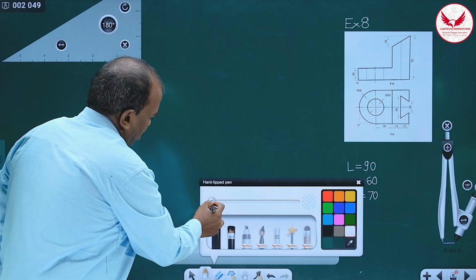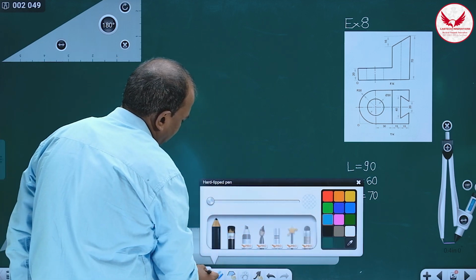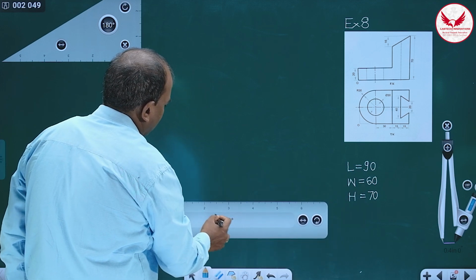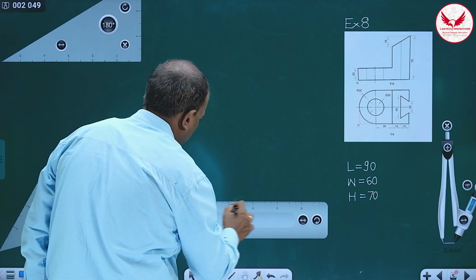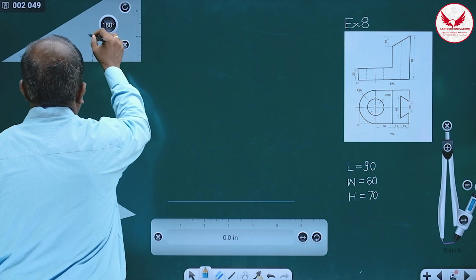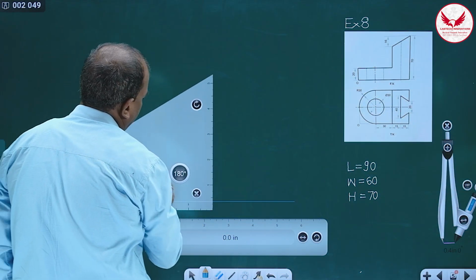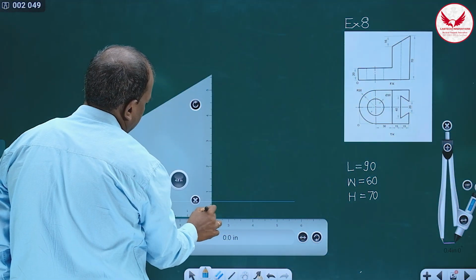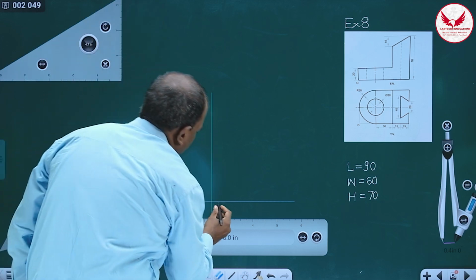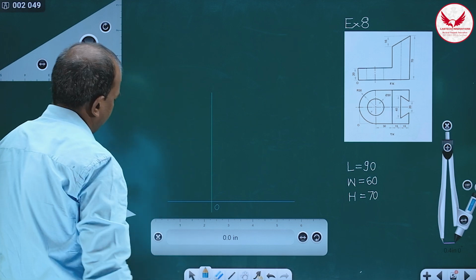So first we'll prepare the isometric box. For the isometric box, what we have to do? Simply first mark the horizontal line and then immediately mark the vertical intersecting line like this, and the intersection of these two lines is origin.